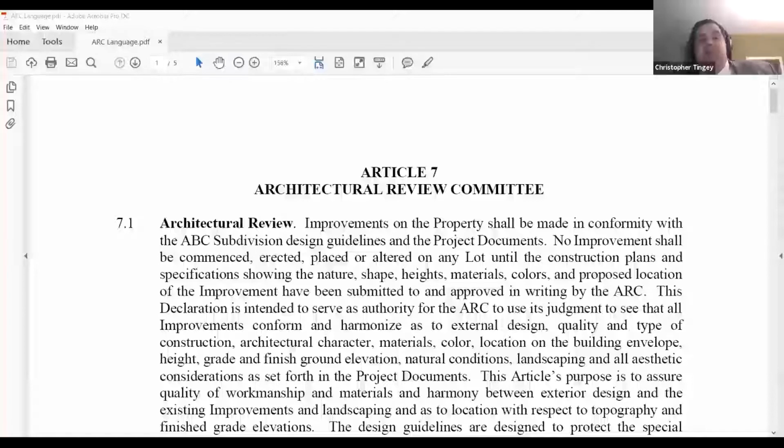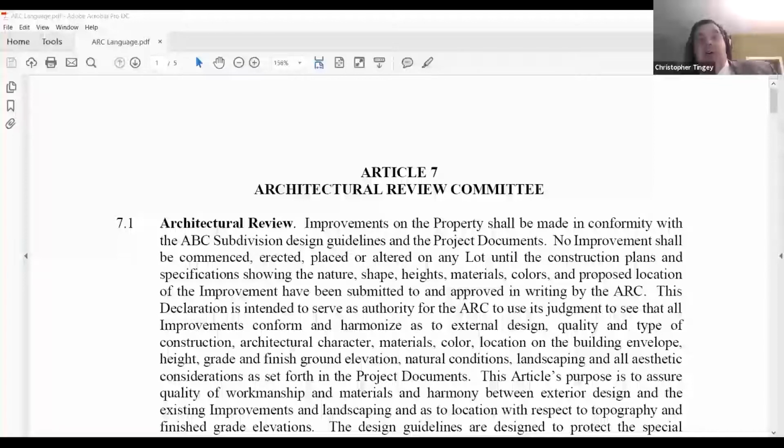I prefer that the ARC meet in person, and I'm also a fan of allowing the homeowner to be part of that discussion in person. But in these documents, that's not required. But I am a fan of that nonetheless, because I think the owner ought to be able to see where the deliberation's going.